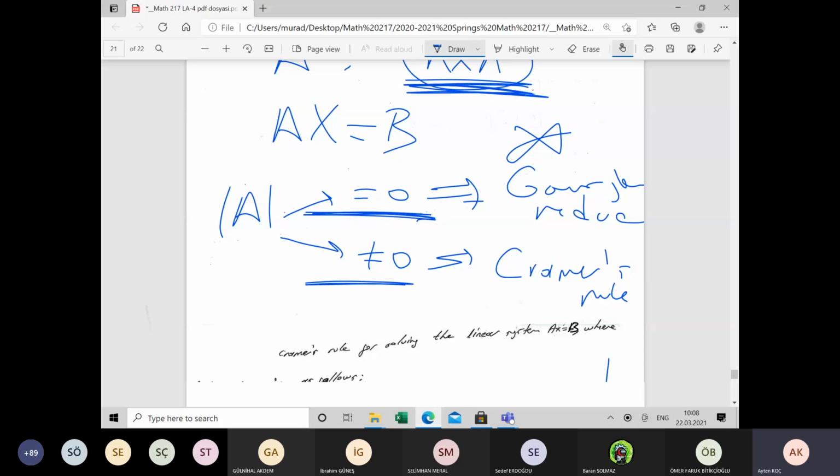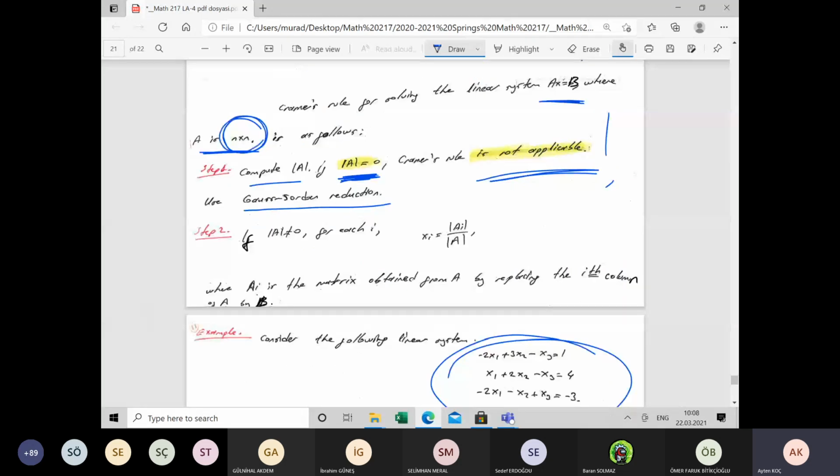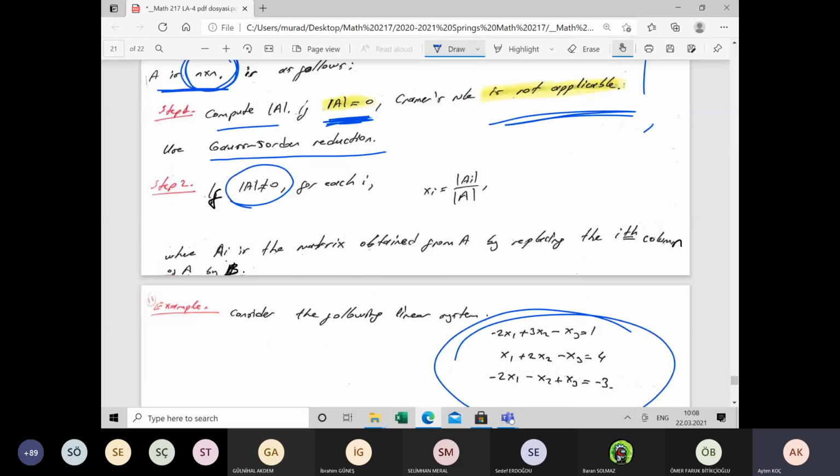First, our system AX = B, with n by n coefficient matrix, and also compute the determinant of A. The determinant of A should be non-zero. It's okay. If non-zero, find every unknown x_i as the determinant of A_i over the determinant of A, the determinant of the coefficient matrix.